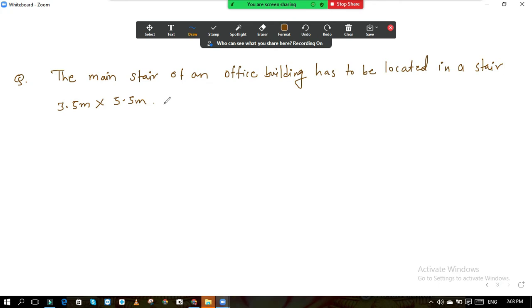The vertical distance between the floors is 3.75 meter.